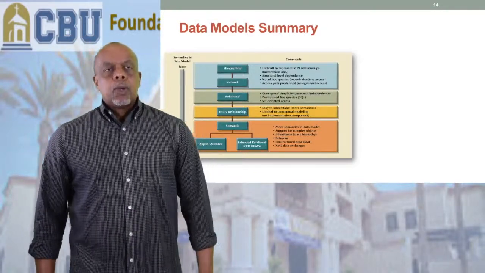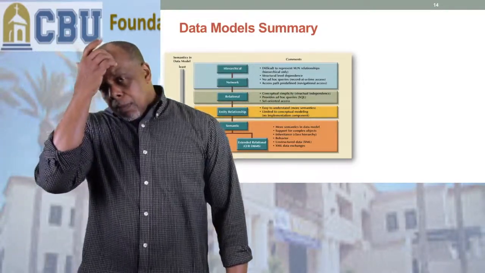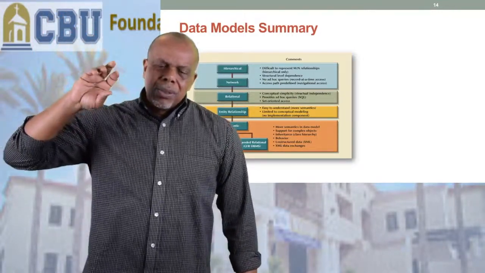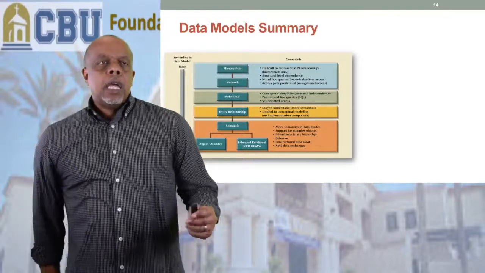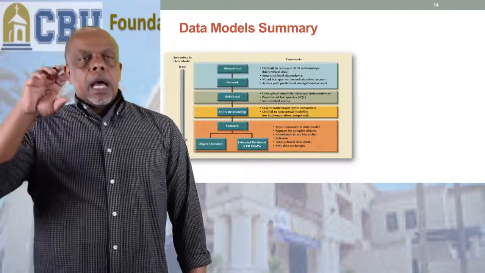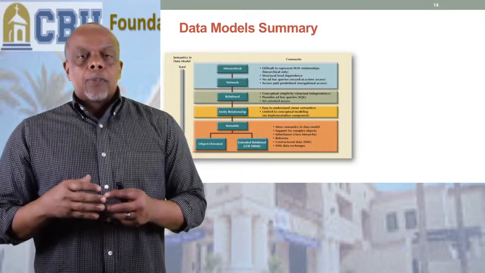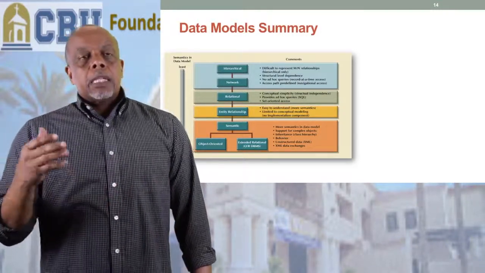So let's take a quick summary of our data models. There are two I didn't cover because they are still used, but not quite as much. One is the hierarchical model, where it was a little more difficult to represent many-to-many relationships. The same with the network model.